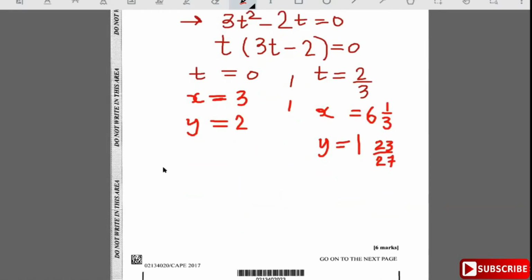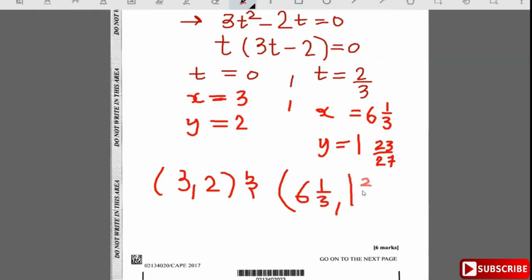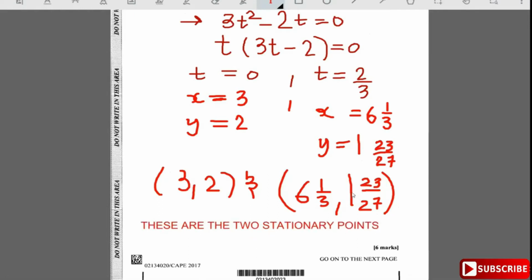So you can conclude that 3, 2, and this other point 6 and 1 over 3, comma, 1 and 23 over 27. These are the two stationary points.